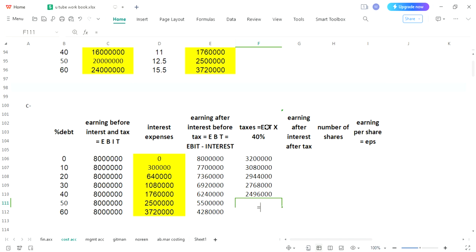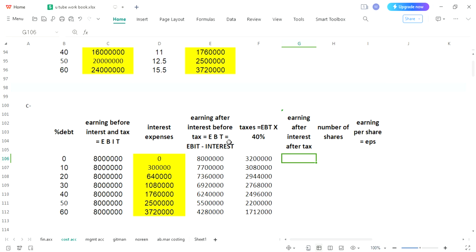For the second last, income multiplied by 40 divided by 100. And then finally we had 42 lakh 80,000 as earning before tax. Apply the 40% rate to calculate the amount of tax. So our column has been filled, and now we need to calculate earning after interest and after tax.